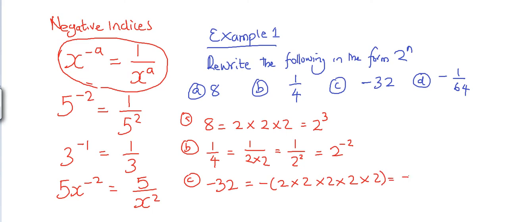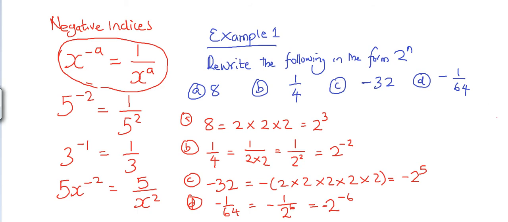So this is minus 2 to the power of 5, because we have 5 of them there. And then D, well, 64 is a square number, so 1 over 64 is minus 1 over 2 to the power of 6. We can rewrite this as minus 2 to the minus 6.